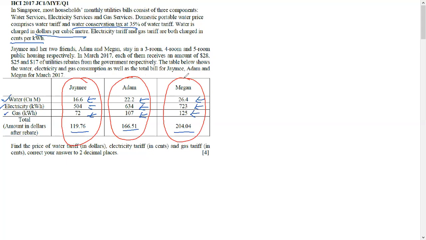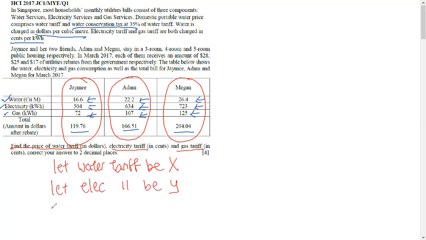We are asked to find the price of water tariffs, electrical tariffs, and gas tariffs. The fundamental approach to such a question is to use the algebraic approach. So what we are going to do very quickly is to let the water tariff be x, let the electrical tariff be y, and let the gas tariff be z.